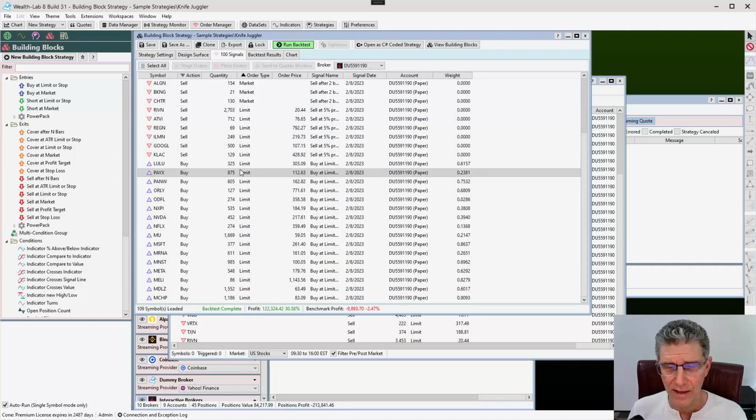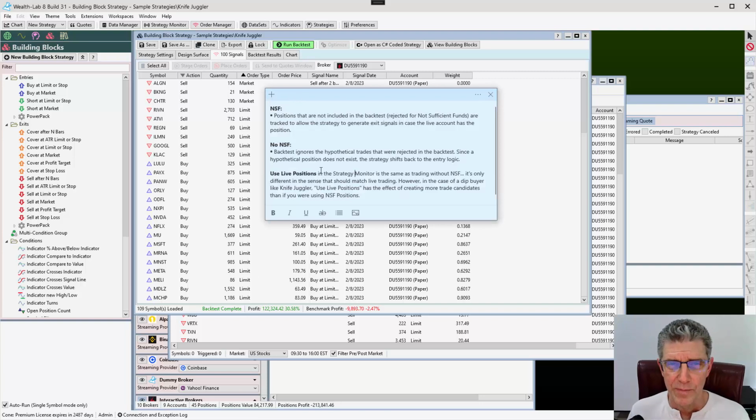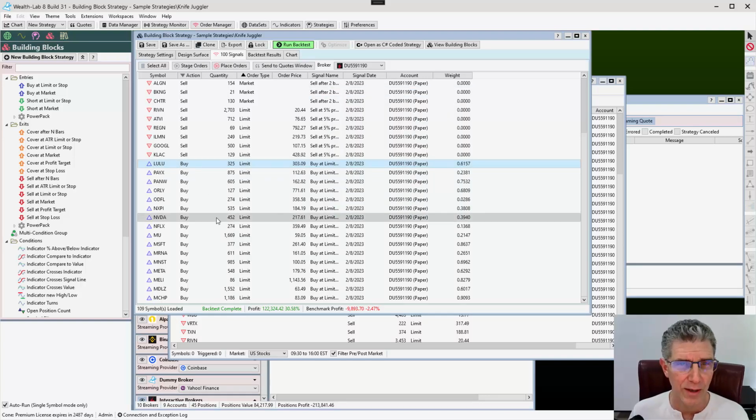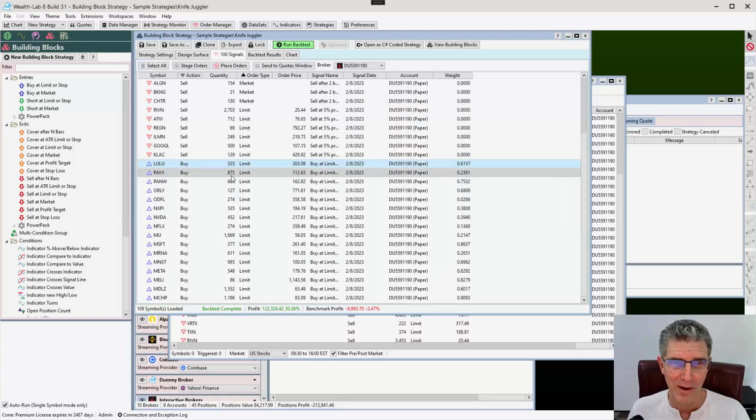Okay, without NSF positions, let's get our cheat sheet back up again. Okay, so the backtest ignores the hypothetical trades that were rejected due to not having enough buying power. So since those hypothetical positions aren't tracked or kept in the backtest, the strategy goes back to the entry logic and you're able to enter positions again.